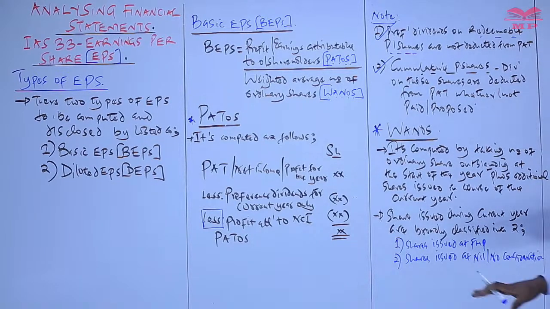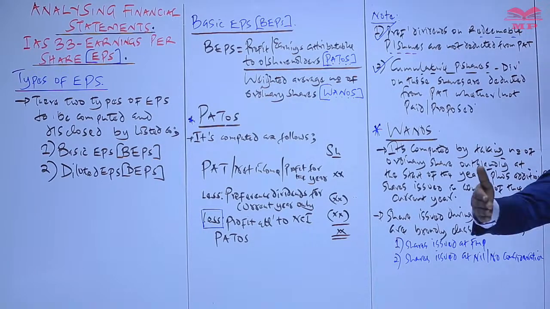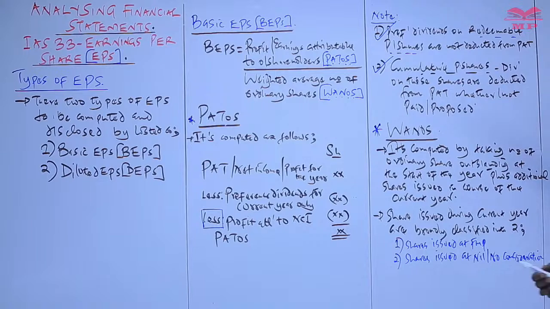First, the shares issued at full market price. These are shares which the company will issue during the current financial year at a price equivalent to the market price per share. The market price per share is the price at which the shares of the company are trading in the securities exchange market.